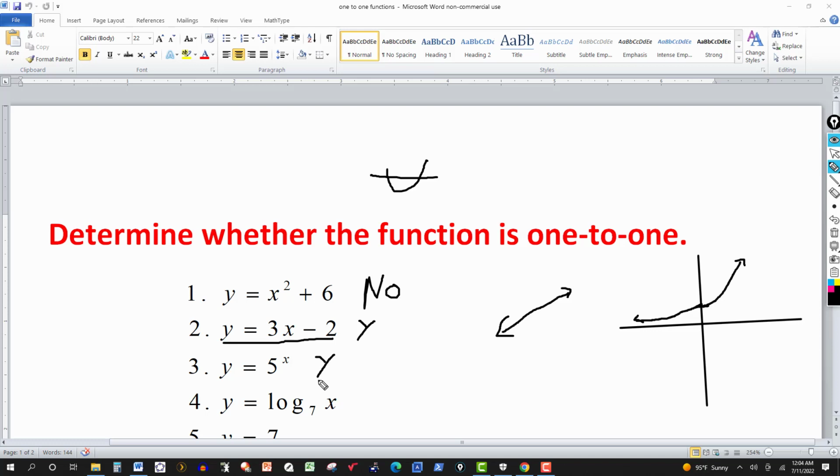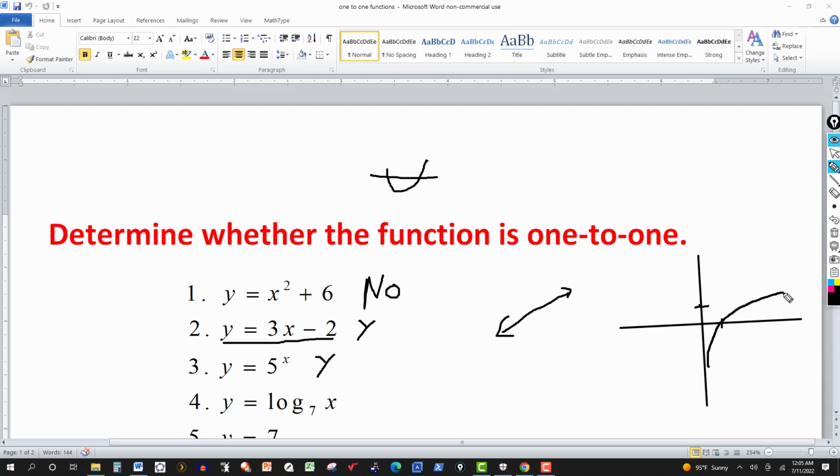That's one-to-one. y equals the log of x to base 7. The graph y equals log x to base 7. If we go to 1, the log of 1 to base 7 is 0, because 7 to the 0 is 1. So the graph is going to pass through that point. You can't have a log of a negative, so it's going to stay to the right of the y-axis. And it's going to go something like this.